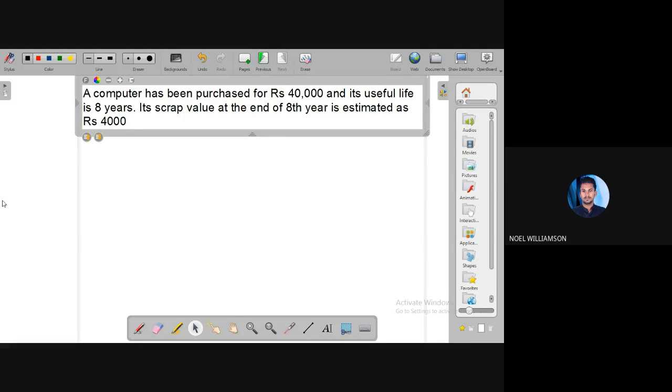Calculate the depreciation at the end of the 6th year using the SYD method.